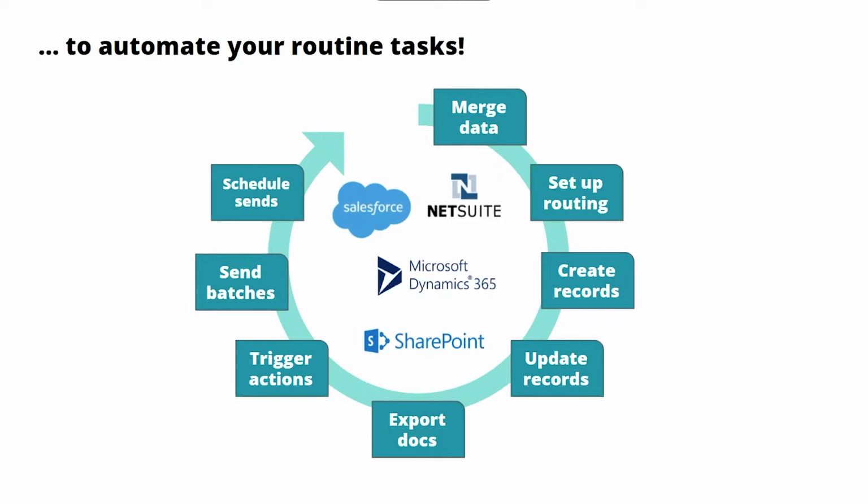Triggering action based on the document signing event. We can trigger action in your systems to move records around, update status, and so on. The boring tasks that nobody likes to do.